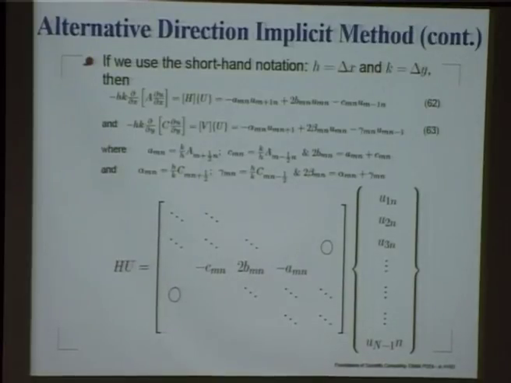Okay. So, if I write it like this at the m nth node, I get this structure, and it is very easy for you to clearly see the tridiagonal matrix appearing here from the first term, which I called H u, right. So, H u here is written in this form.